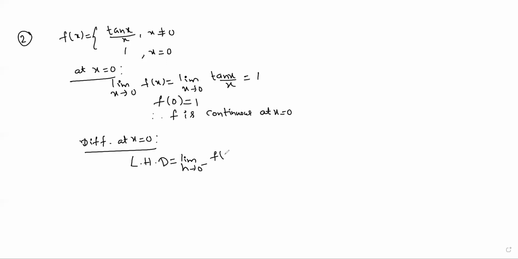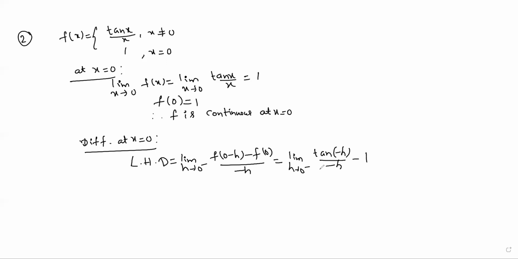f of a minus h, a nothing but 0 minus h, minus f of 0, by minus h. That is limit h tends to 0 minus, f of 0 minus h, nothing but minus h only. We need to substitute in that place of x, minus h I am taking, minus f of 0.